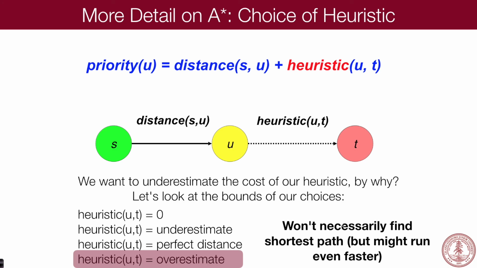Now, that might actually run faster though. And there are times where you may want to overestimate. For instance, in game design, sometimes for multiplayer games, they're trying to estimate how the entire game is going. Sometimes they need the speed of figuring out a good enough solution, which might not be the best solution, but it's good enough because it's faster.